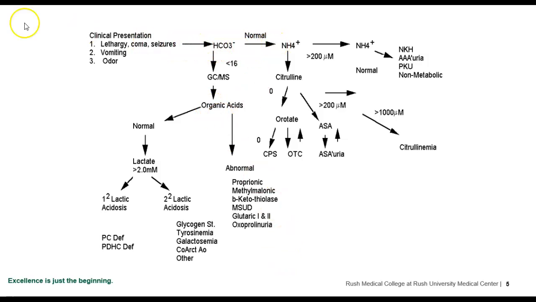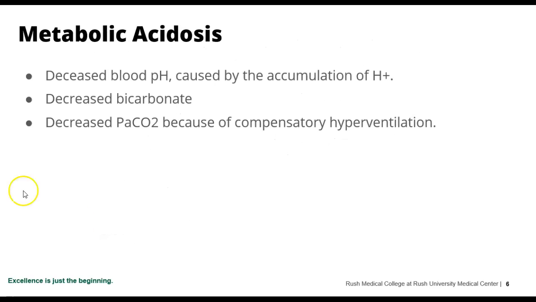If the baby's not acidotic but looks kind of pokey, what is the ammonia? If it's over 200, and usually higher than that, it could be a urea cycle defect, which we'll go over. But everything could be normal and we could still have phenylketonuria, or PKU. So all these things could be normal, and we could still have a metabolic disorder.